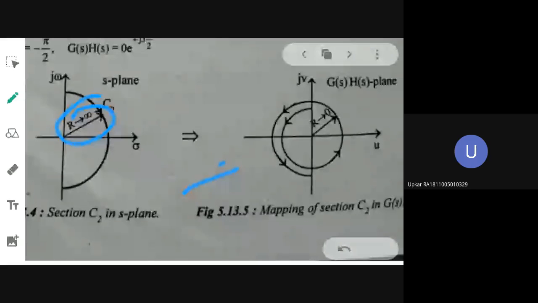Then, if you see the angle of the original segment, here it is traveling from pi by 2 to minus pi by 2. But what about the map? It is 3 theta, minus 3 theta. So what will be the range of the map?